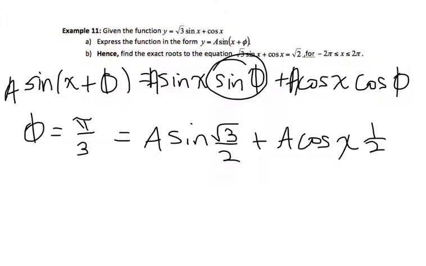Well, if a is 2, then those are going to cancel. So I shouldn't have put an equal sign here.